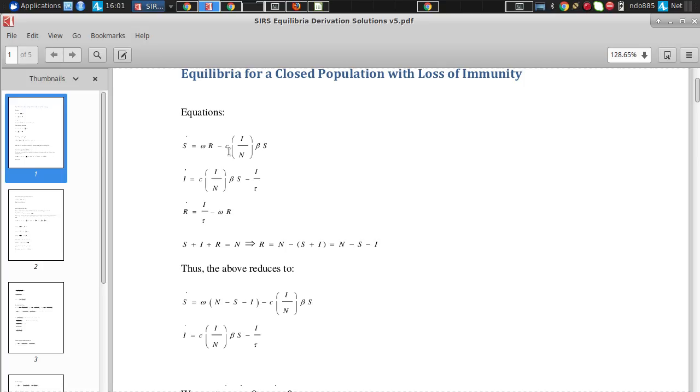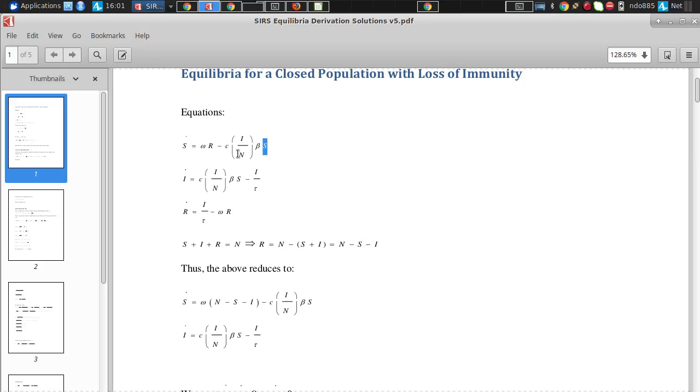So if I have contact with 100 people per day and half the population is infective, I have contact with 50 people per day who are infective. So that's C times I over N. And each of those confers a chance. I have about a 50% chance that a given susceptible will get infective. That's what this whole term represents, right? And that's a flow out of here into there.